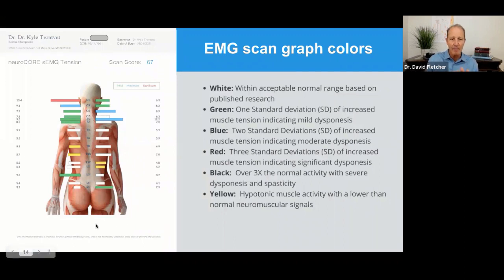We do offer on the scans a black line, which is over 3 times the activity. Typically, we'd like you to scan within those first 3 zones. But unfortunately, many people have that hypertonicity or spasticity that takes them into the black lines.